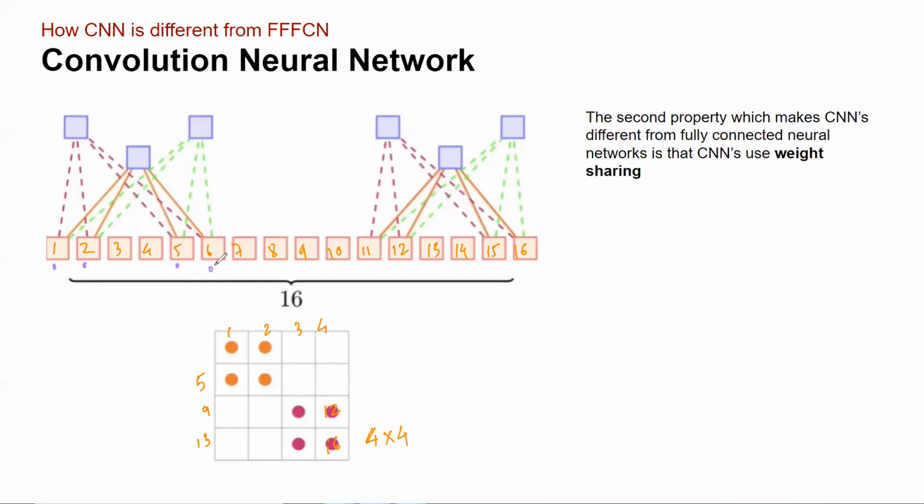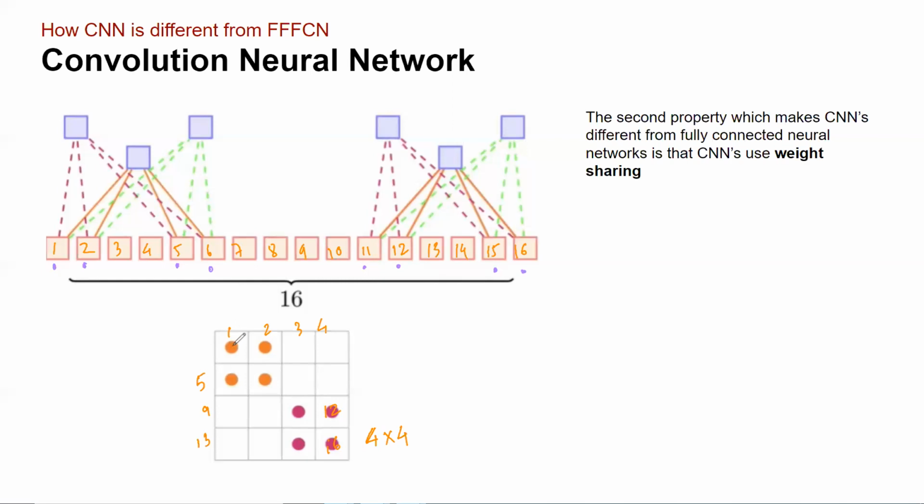Now think about these 4 points. What are the positions of these 4 points? 11, 12, 15, 16. Correct. So the weight that operates over these 4 pixel values, the same weight will be operating over these 4 pixels also, because the kernel is the same.